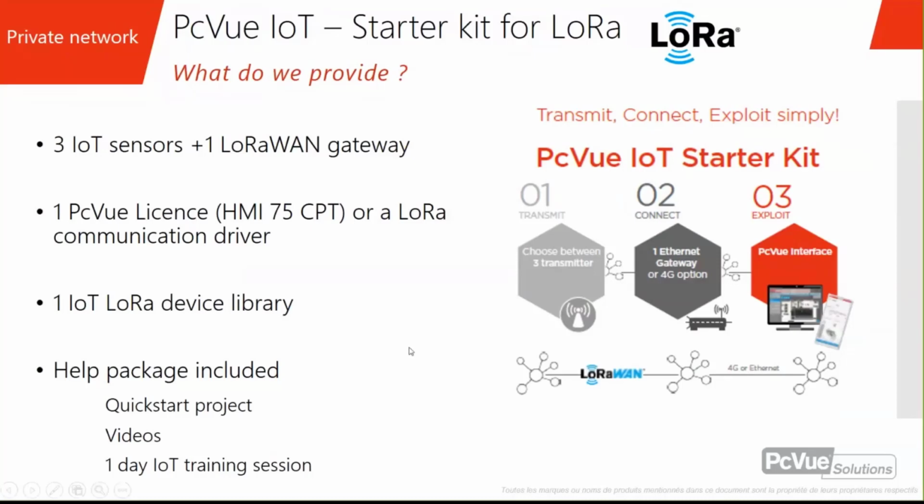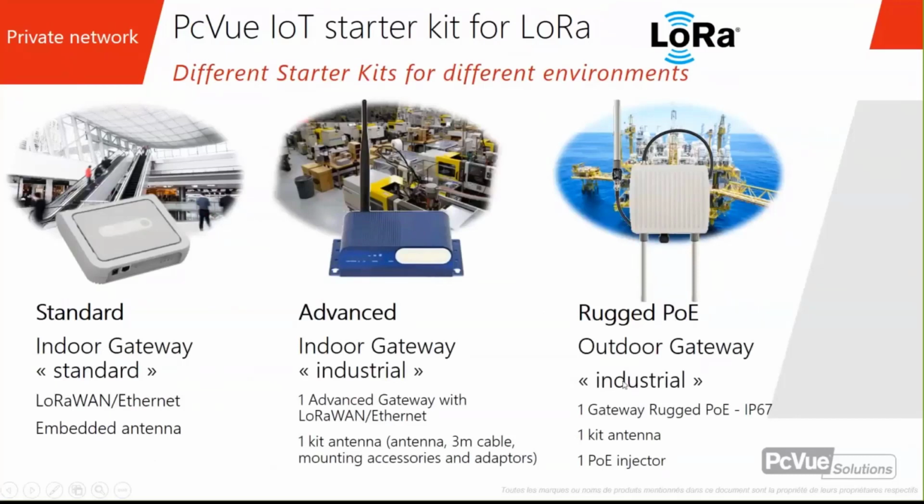And then you just have to select the kind of starter kit you want to use. You have the standard one, which is basically for, let's say, BMS, a building management system, with its internal gateway.